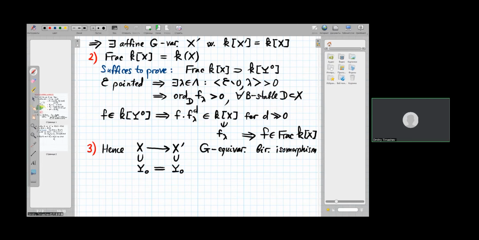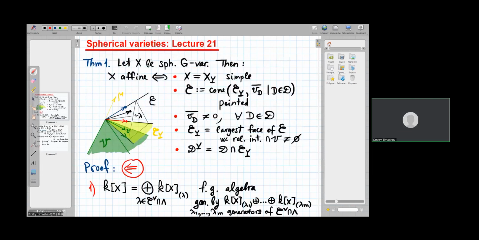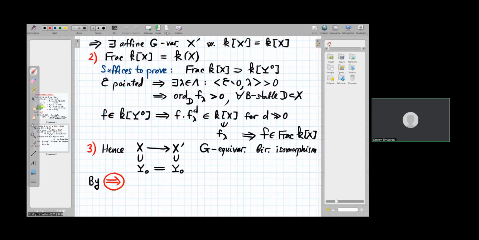Okay, so we have got an affine spherical variety with the same algebra of regular functions as it was for X. Now, by the first part of the theorem, by the implication from the left to the right, which we have proved on the previous lecture: if we have an affine variety, then we have these 5 conditions.